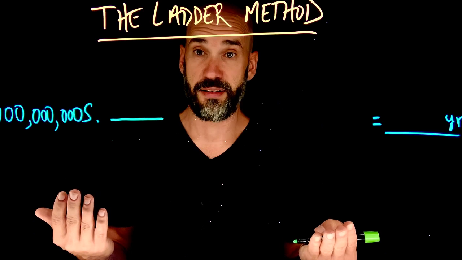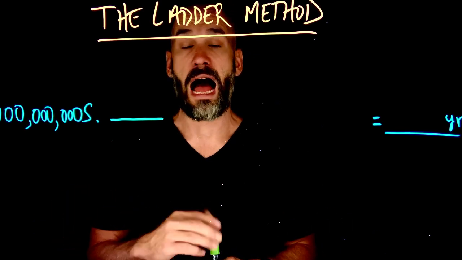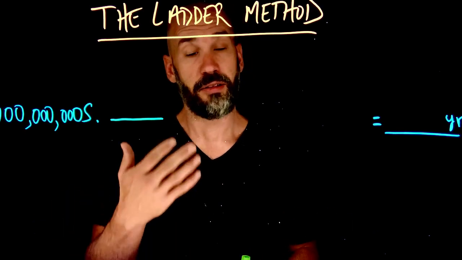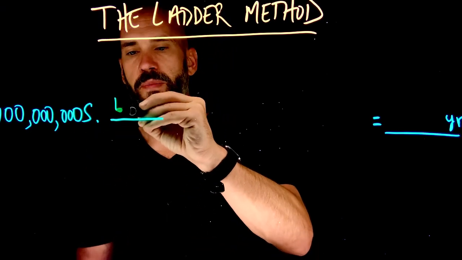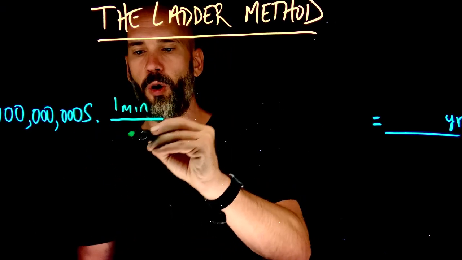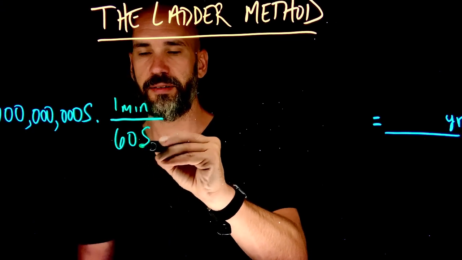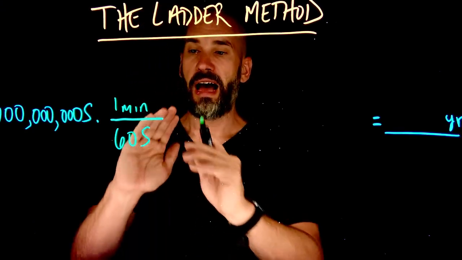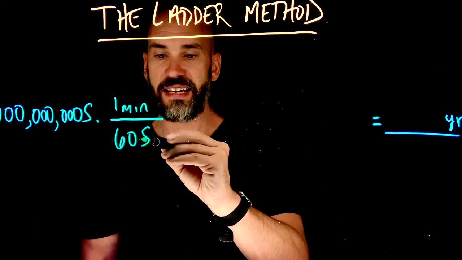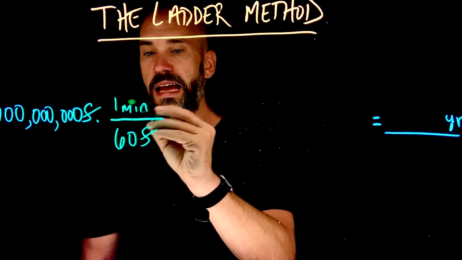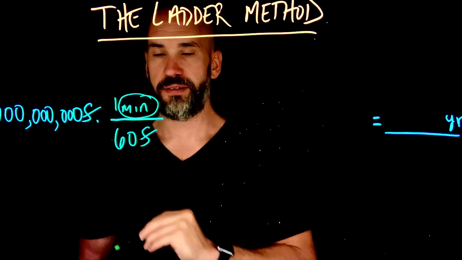You'd probably say minutes. So how many seconds are there in 1 minute? There's 60. So if I multiply this by 1 minute over 60 seconds, now I've multiplied it by a conversion factor. And watch what happens. My seconds cancel out, and now I'm left with minutes.